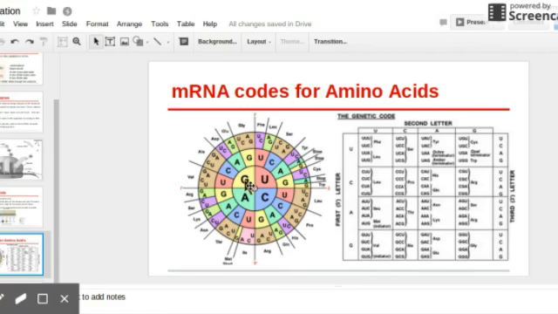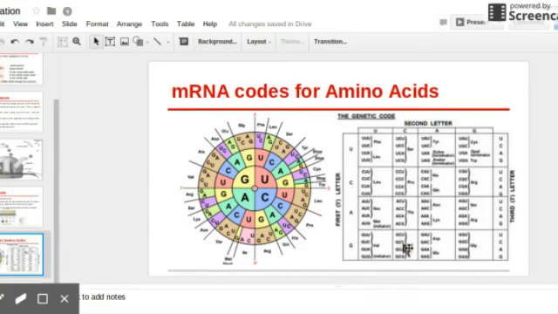Here's G. In that region, the second quadrant, the next letter being C, we'd move to here. And then if A is the third letter, it falls somewhere in this region. That means that the amino acid that mRNA sequence GCA stands for is ALA, which stands for alanine.